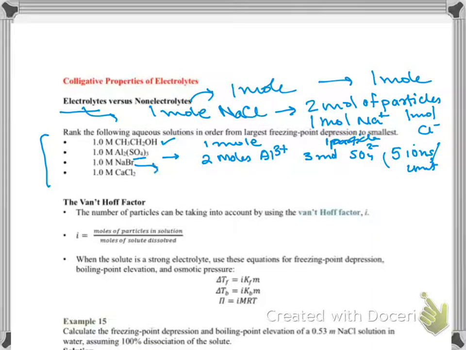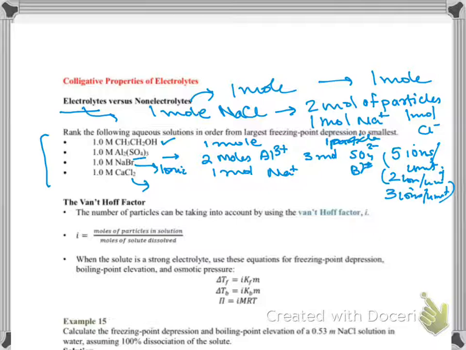In the third case, sodium bromide is ionic. 1 mole of sodium bromide will produce 1 mole of sodium ion and 1 mole of bromide ions. So you are adding 2 ions per unit. Calcium chloride, 1 mole of calcium, 2 moles of chloride. So you are adding 3 ions per unit. So where will be the largest freezing point depression?